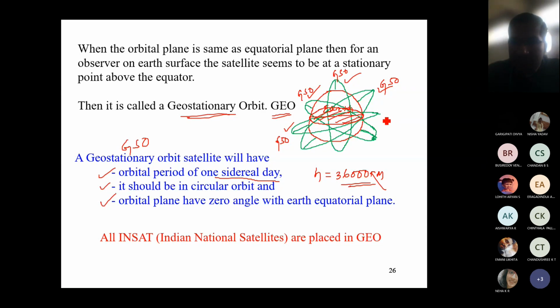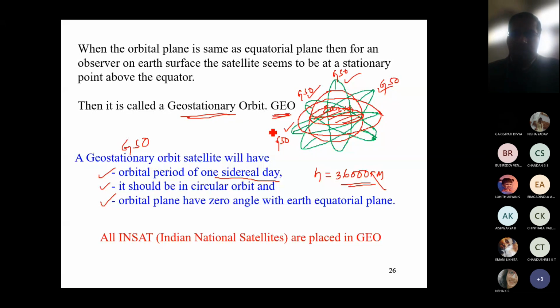And if your satellite is rotating in the same plane, where the angle of inclination of this orbit on the equator is 0 degree, then those satellites are called geostationary satellites, or the orbit is called geostationary orbit, or GEO.